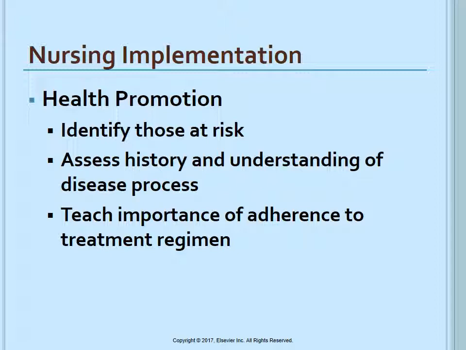Assessment of the patient's history and an understanding of the disease are crucial for planning and implementing appropriate health promotion strategies. Teaching the patient at high risk for IE helps reduce the incidence and recurrence of the disease. Teaching is important for the patient's understanding of and adherence to the planned treatment regimen.